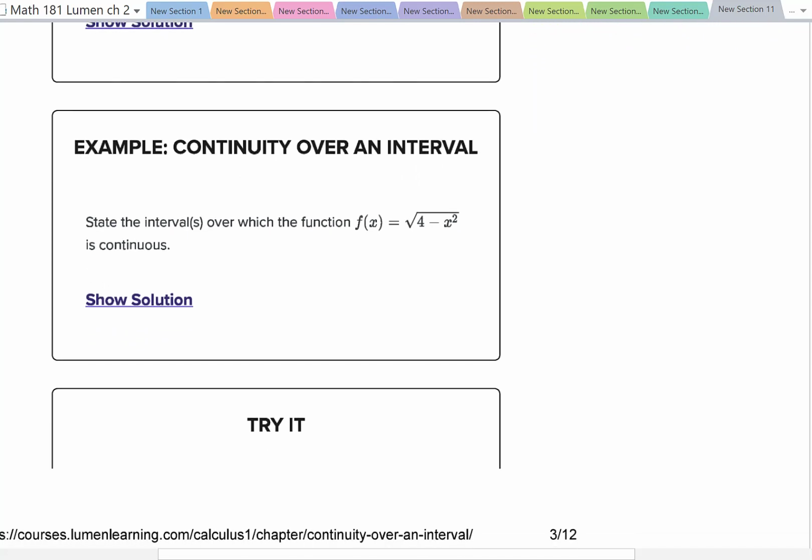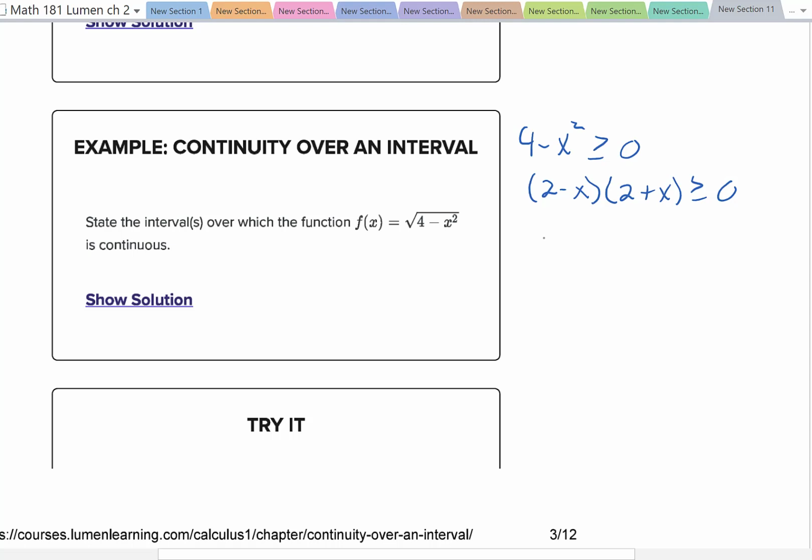Okay, let's look at the next one. State the intervals over which the function f of x equals the square root of 4 minus x squared is continuous. With a radical, the stuff inside the radical, 4 minus x squared, has to be greater than or equal to 0. So 2 minus x times 2 plus x is greater than or equal to 0.